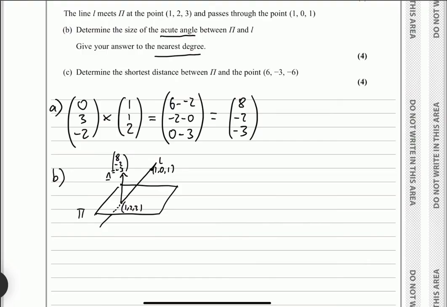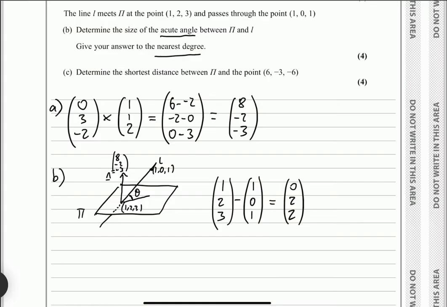The angle we want is this angle here, we call that theta. Let's find L. The direction vector of L is going to be (1, 2, 3) minus (1, 0, 1), which is (0, 2, 2).